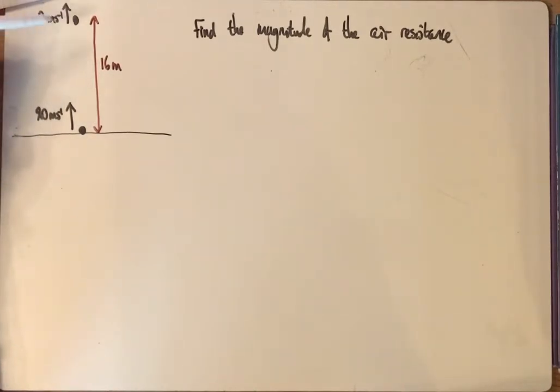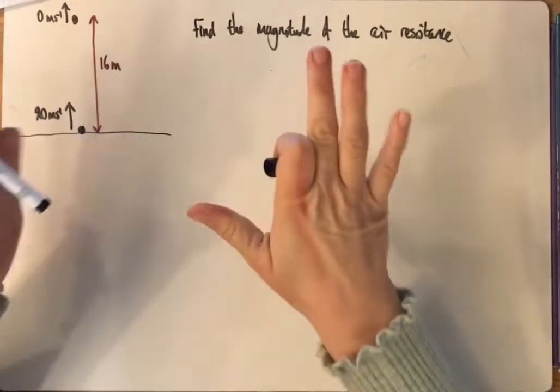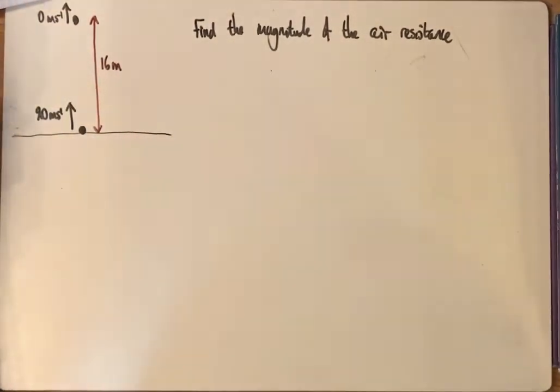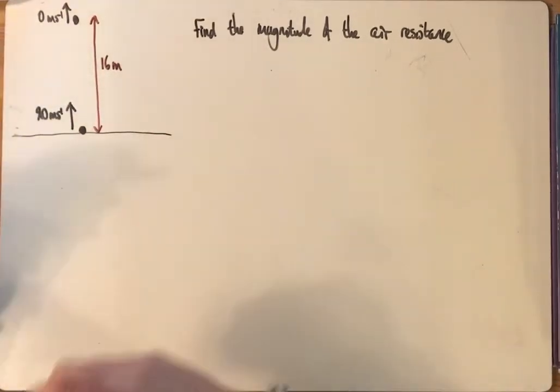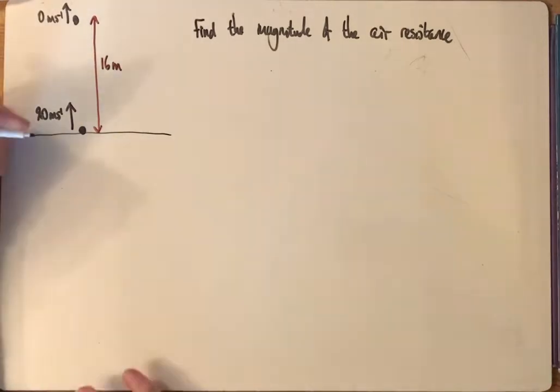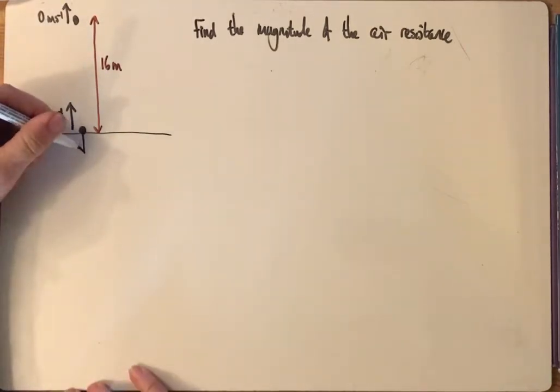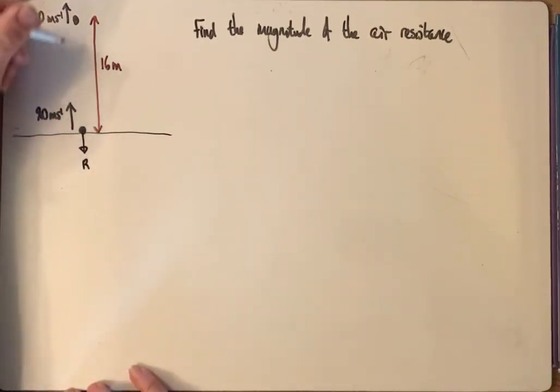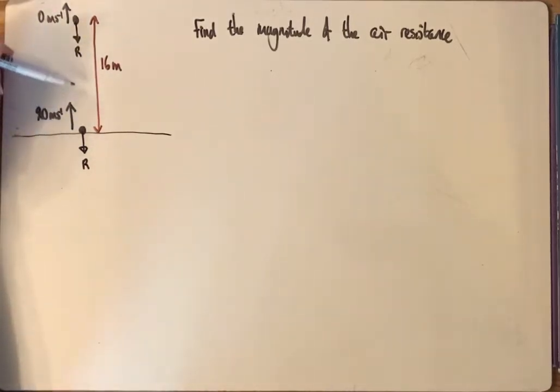And if there was no air resistance, those two things would be equal, which is what you were doing at the beginning of the lesson, or your work on this. But because there's some air resistance which is acting against the motion of the ball, so we've got this air resistance slowing it down, it's not actually going to get quite as high as it would.